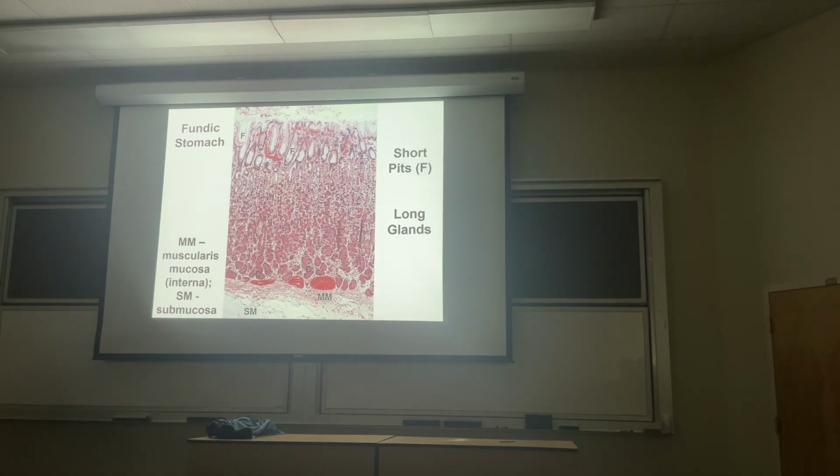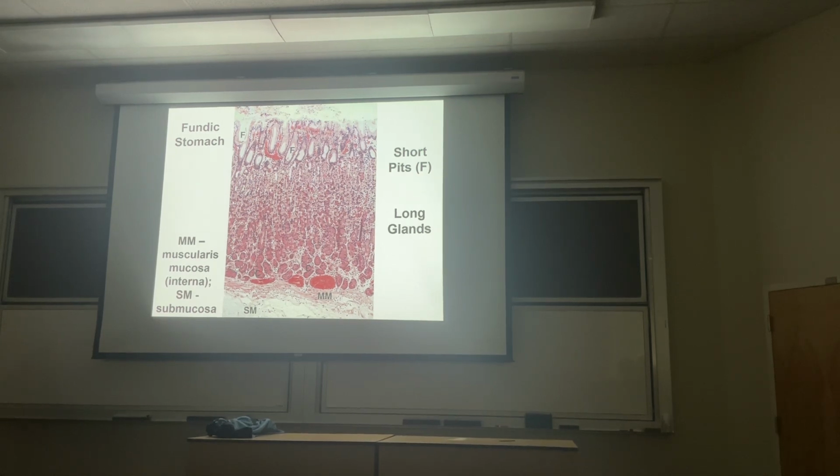Again, they secrete hydrochloric acid and intrinsic factor. Most of these other cells are mucus-secreting cells along with these epithelial cells. But down deeper in the gastric or fundic glands, we have chief cells. And these are mainly chief cells. At this magnification, it's a little hard to differentiate, but we'll zoom it up.